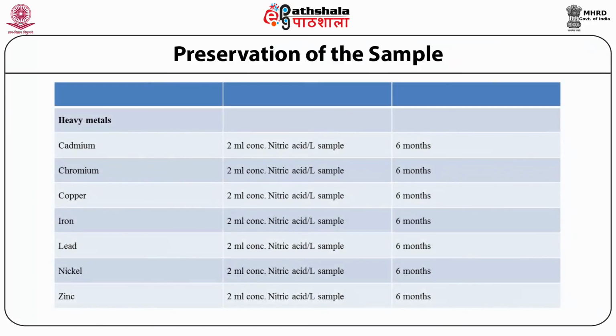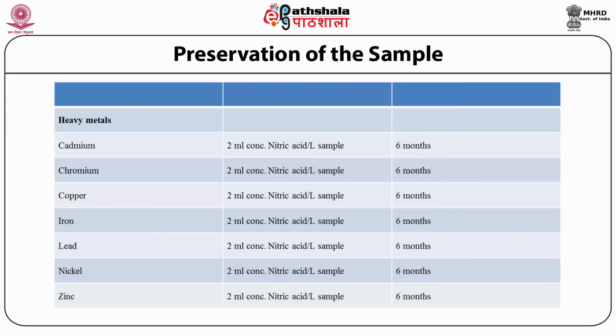Heavy metals we can preserve by the addition of 2 ml of concentrated nitric acid per liter of sample. Heavy metals like cadmium, chromium, copper, iron, lead, nickel and zinc can all be preserved by the addition of 2 ml of concentrated nitric acid per liter of sample for a period of 6 months.